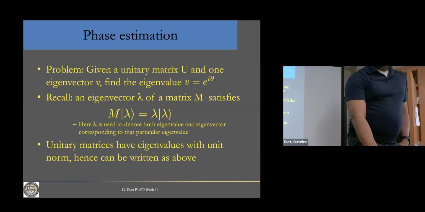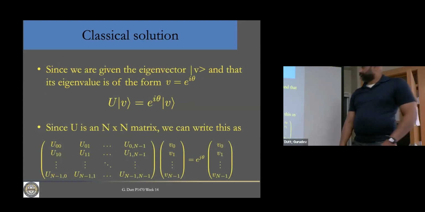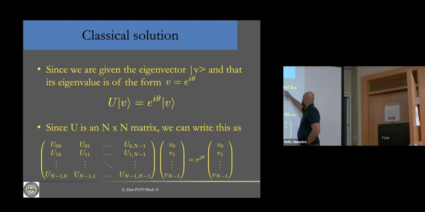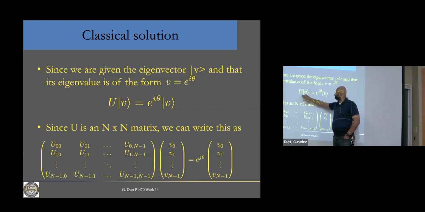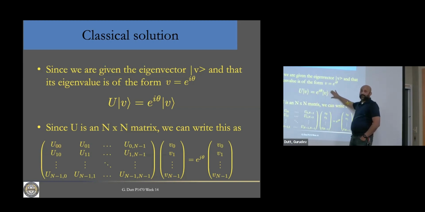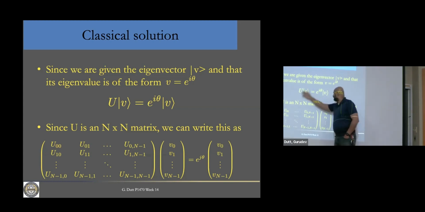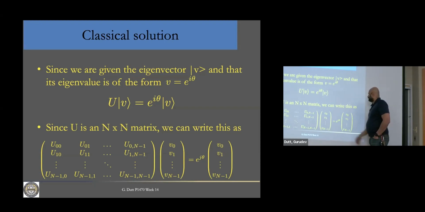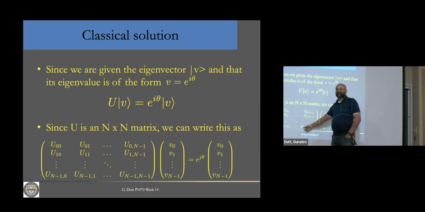So that is our question, or the problem that we're trying to solve. Since we're given the eigenvector V, and we're told the eigenvalue is of the form e to the i theta, we can now write the eigenvector equation for U. U times ket V equals e to the i theta ket V. And since U is an N by N matrix, we can write this as this matrix over here.